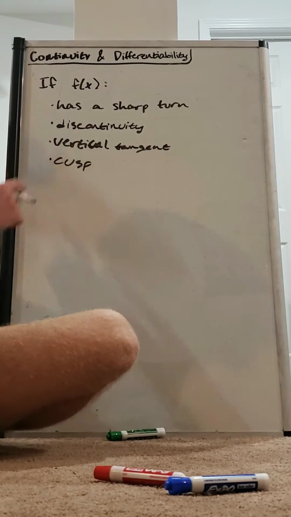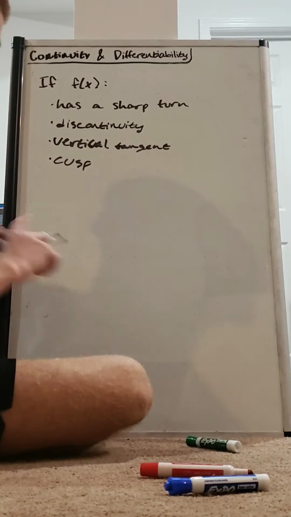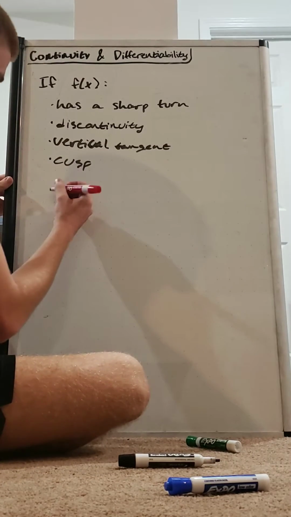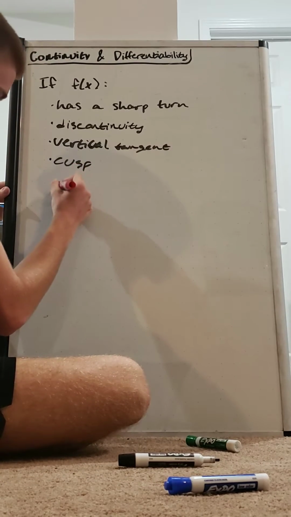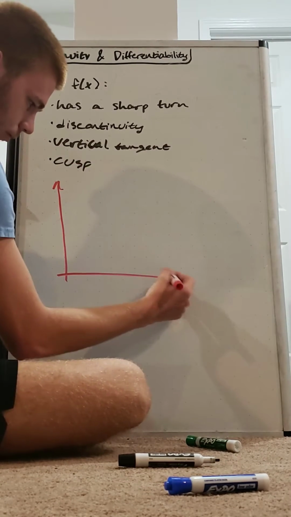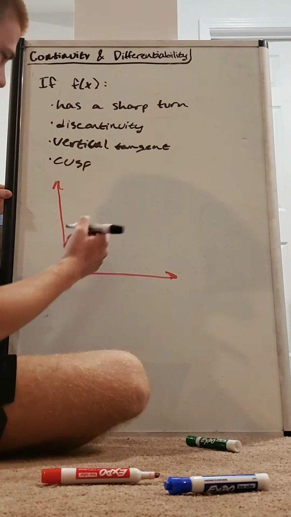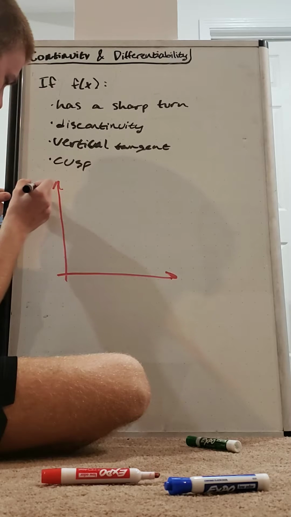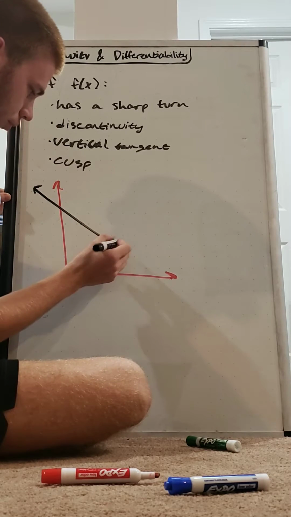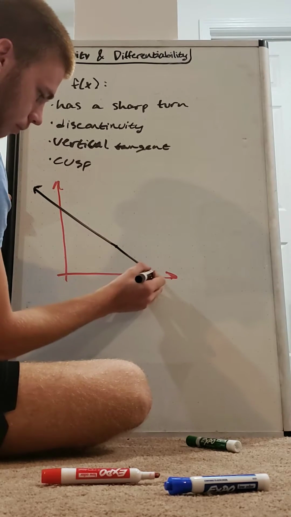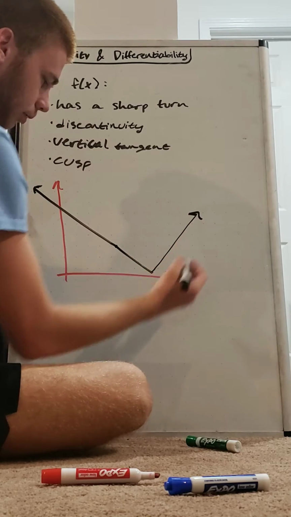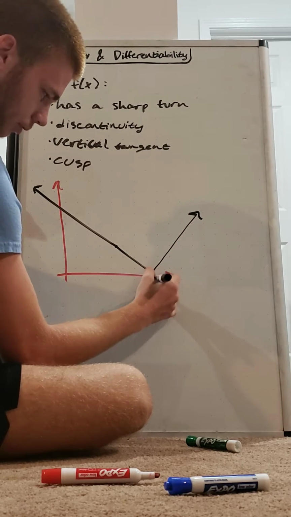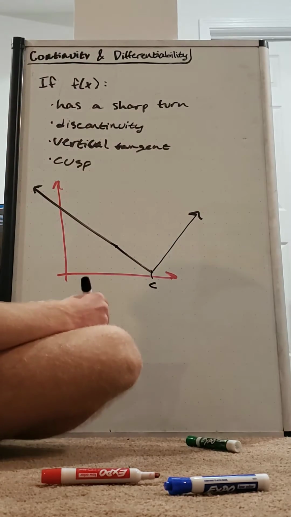These 2 are kind of the same, sharp turn and cusp. So for a sharp turn, we'll do an absolute value function. And we'll call this C. That's what we've been doing.